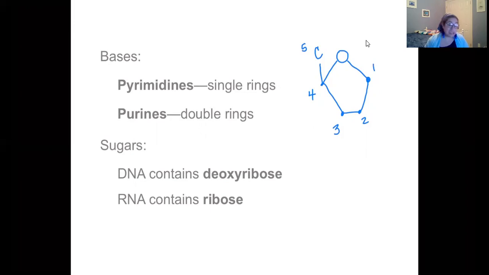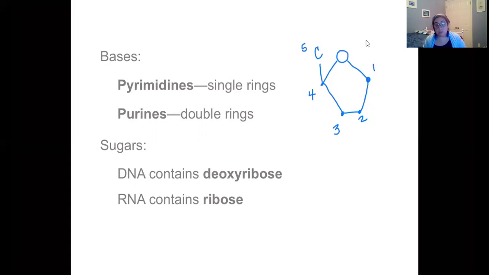So if this sugar contains that hydroxyl group at carbon number 2, then this is considered ribose. If that hydroxyl group at carbon number 2 has been removed, then this is considered deoxyribose. So deoxyribose and ribose have everything else the same.